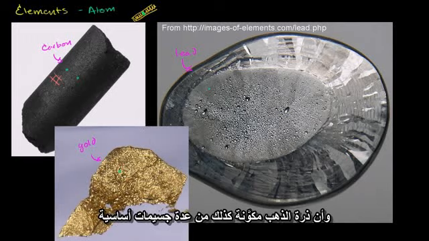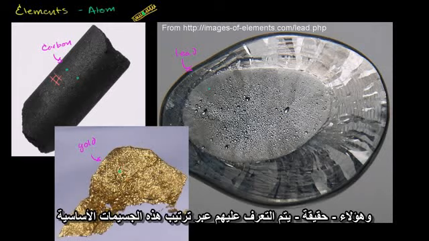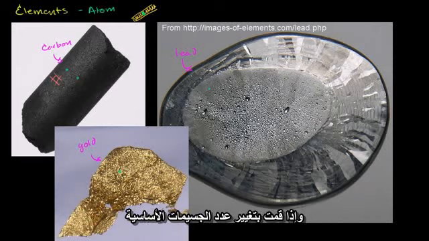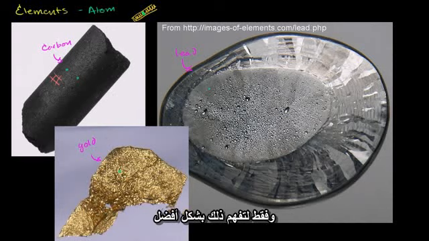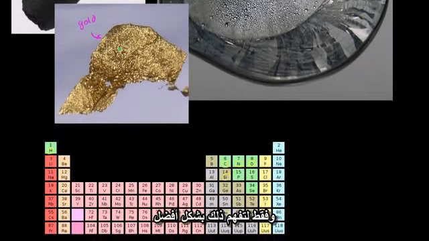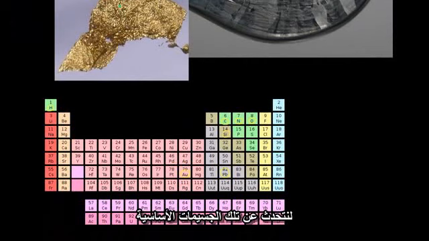A gold atom is made up of even more fundamental particles, and they're actually defined by the arrangement of those fundamental particles. And if you were to change the number of fundamental particles you have, you could change the properties of the element, how it would react, or you could even change the element itself. And just to understand it a little bit better, let's talk about those fundamental elements.